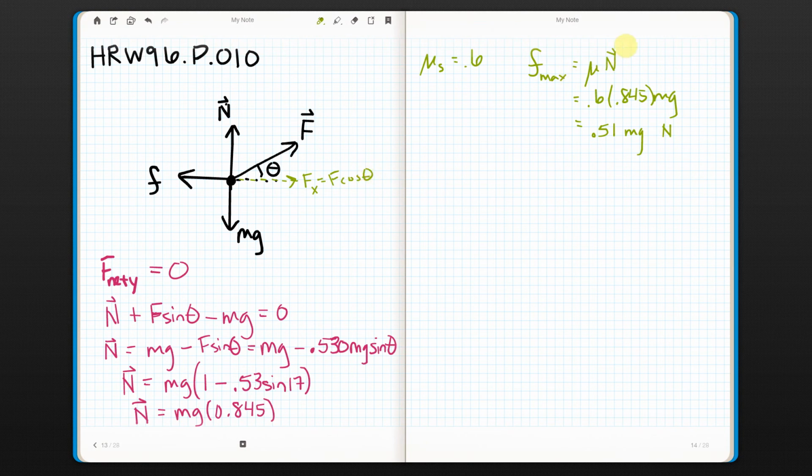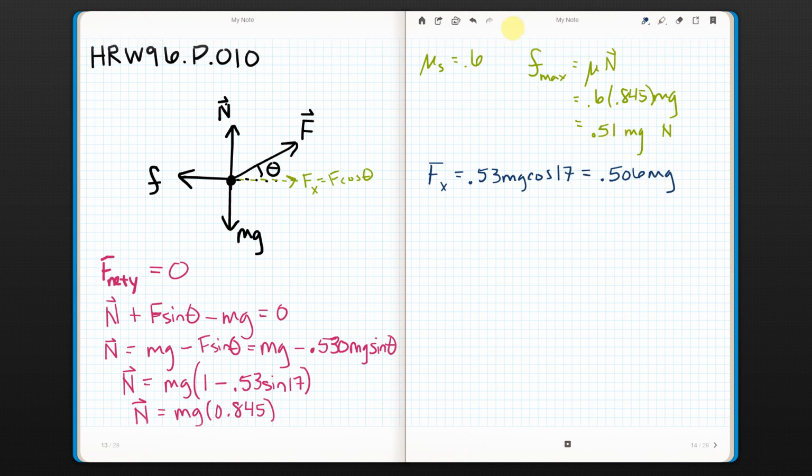So the force I'm actually pulling with, to see if it breaks this or not, is 0.53 mg cosine of 17 degrees. Pop that in the calculator, and I get 0.506 mg.